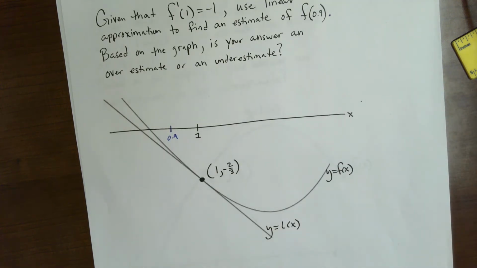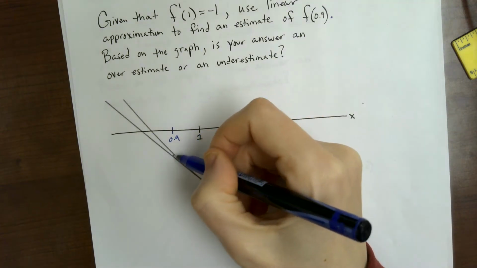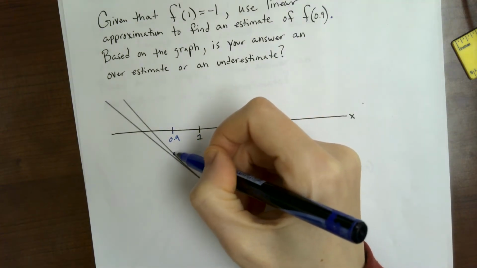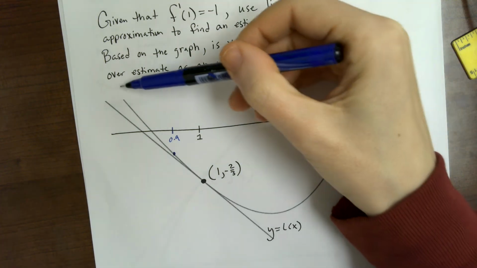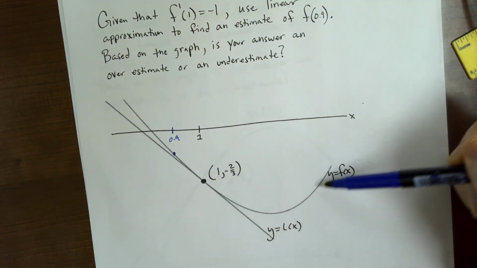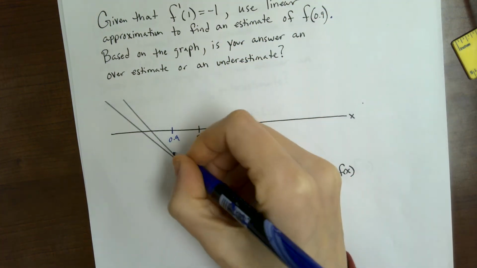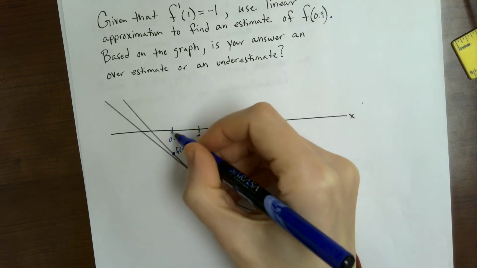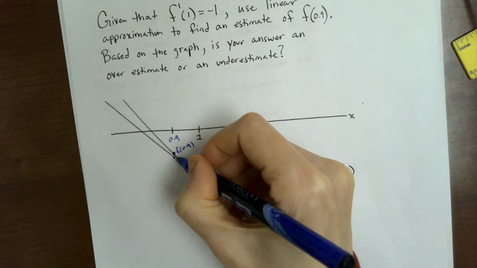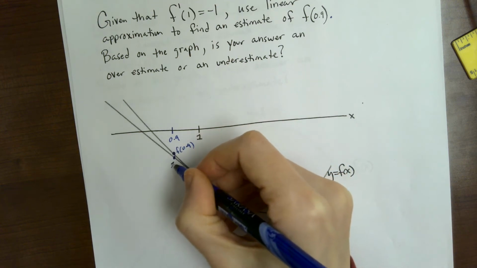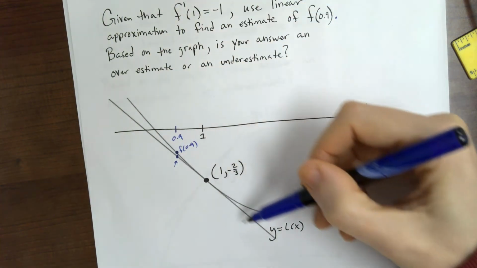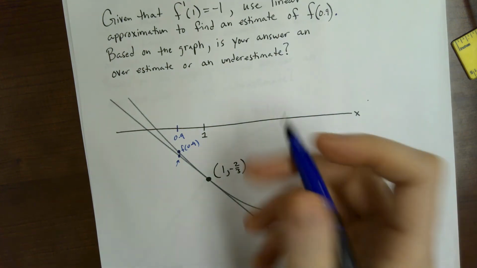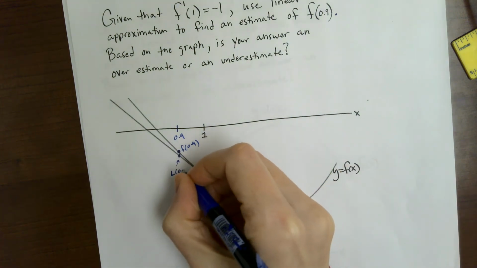Let's say that that's 0.9 right there. This y value right there is on f of x, so this is f of 0.9. And this y value right below it is on the line L of x, so that's L of 0.9.